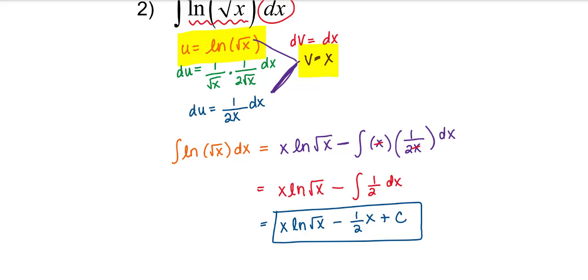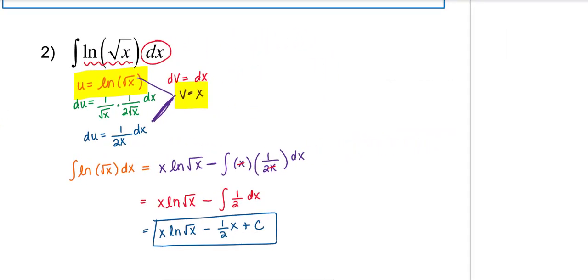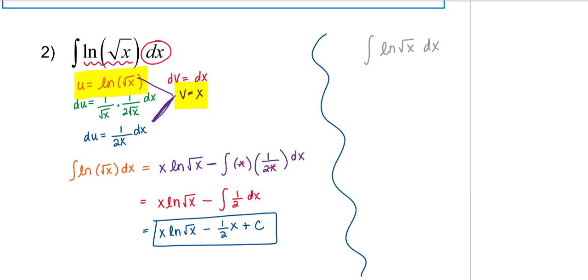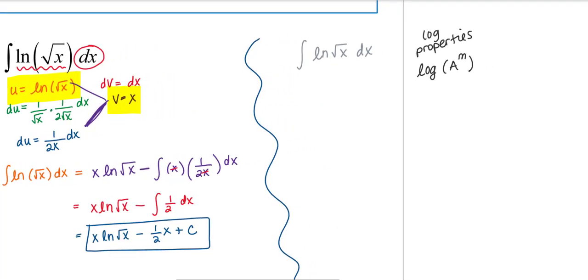Okay, well, I said that I would do this problem 2 ways. What's our other way? I'm going to completely ditch that here so you can compare and see what you like better. The other way I can tackle this problem is to use my log properties. We probably remember that if we had log of a to some exponent m, that turned into m times log of a, right?